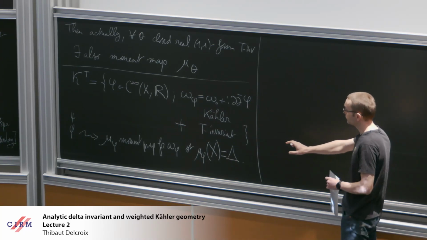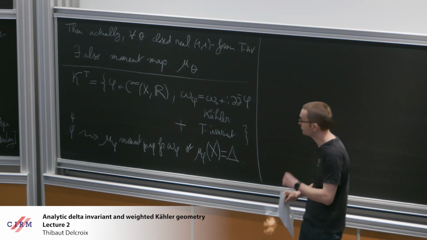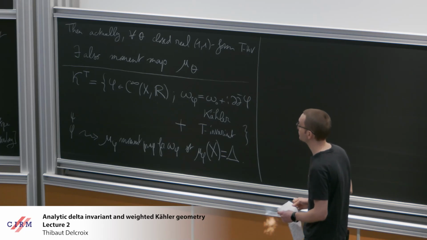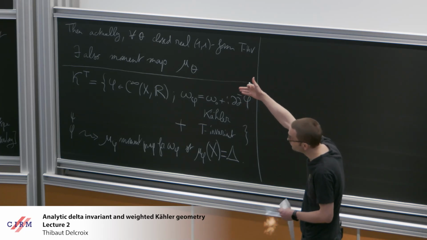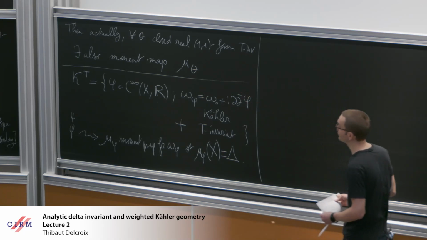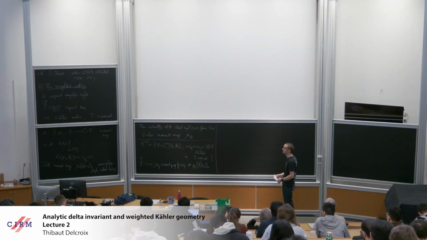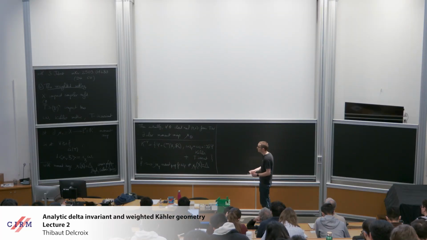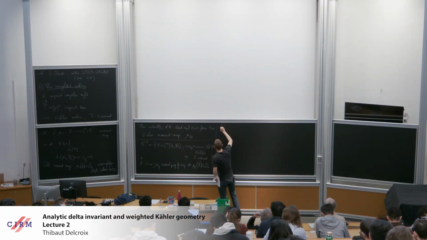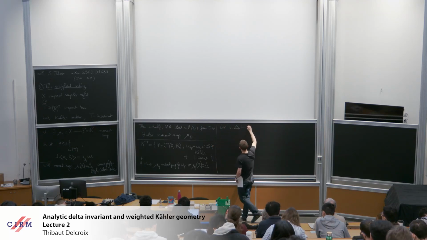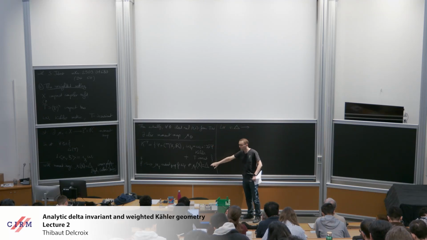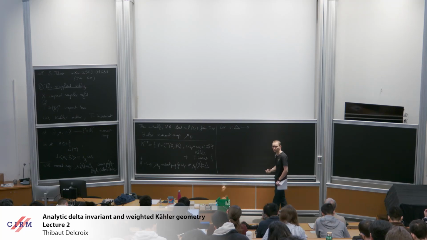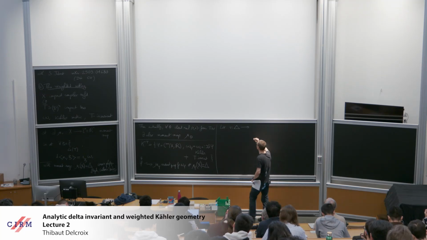So why will that be useful? It's because we'll consider a different version of Kähler geometry which involves another function, which is called the weight. And this is a function defined on this moment polytope, so it's defined on something which depends only on the Kähler class.